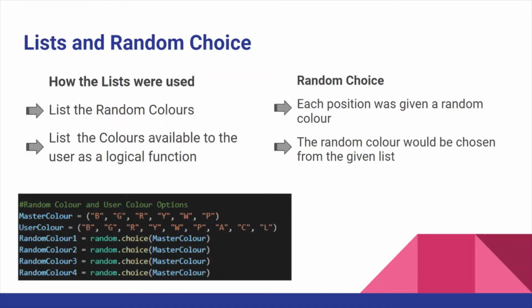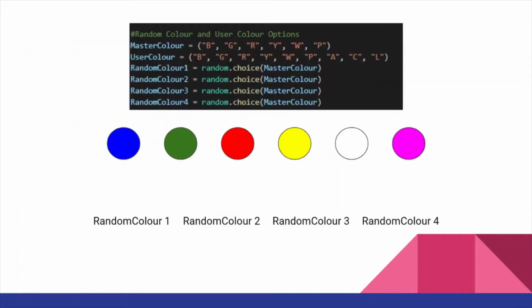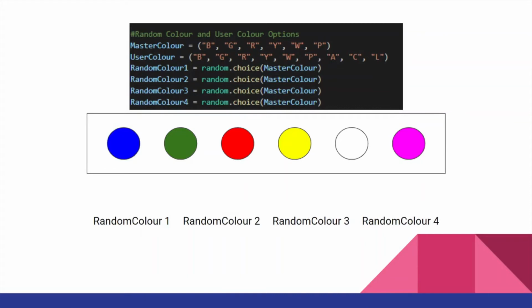I also used random choice, which allowed me to give a random color to each variable. So random color 1 will have its own color from the master color list. This is how it will work. It will select from all of the colors available here, and give one to random color 1, and then the same for random color 2, 3, and 4.